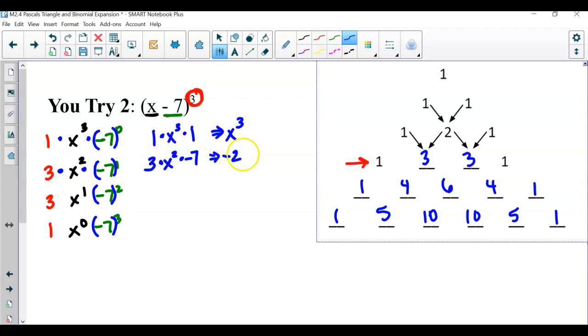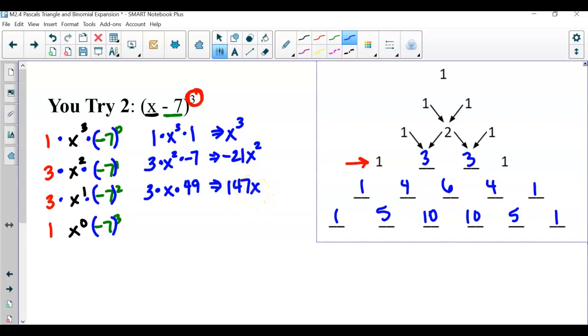You get negative 21x squared. Then next, you have 3 times x times positive 49. Negative times a negative, positive 49. So now here, 49 times 3, you should have gotten 147x.